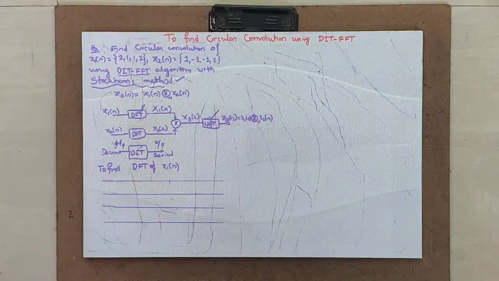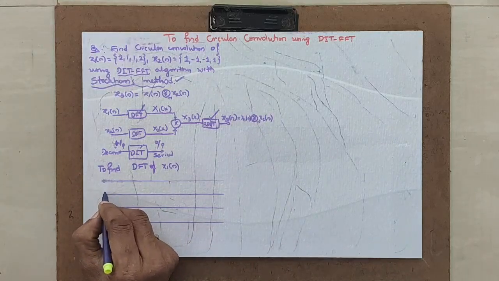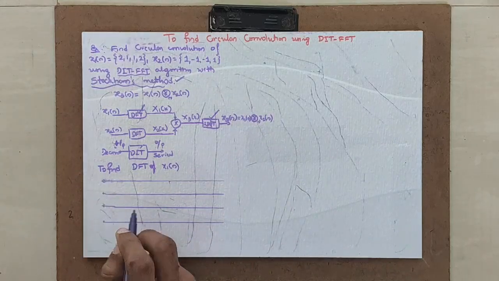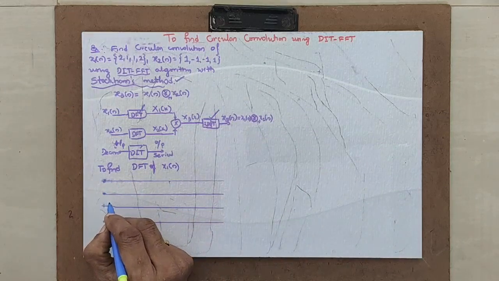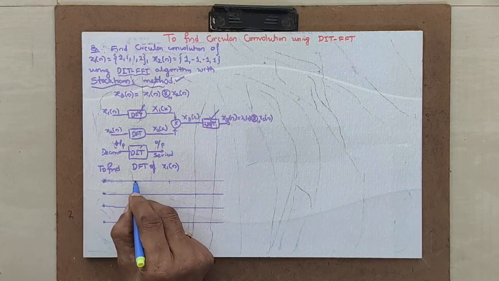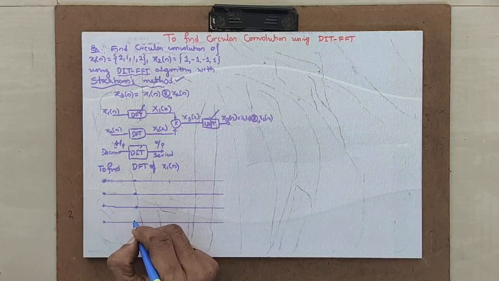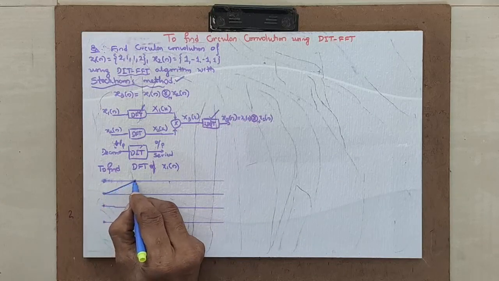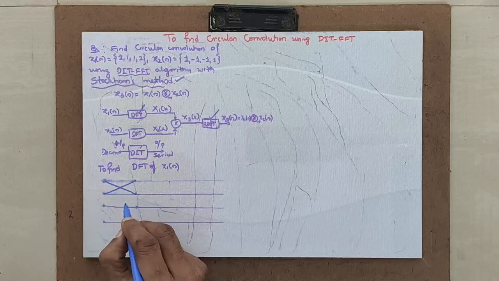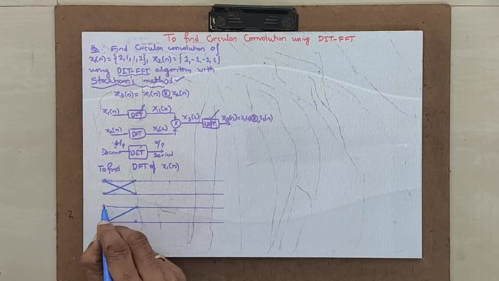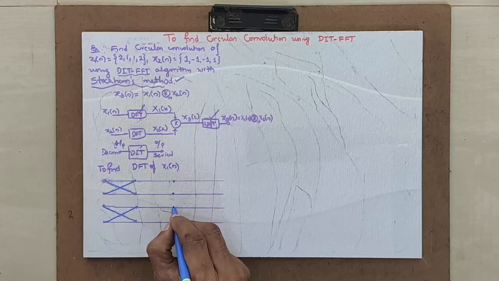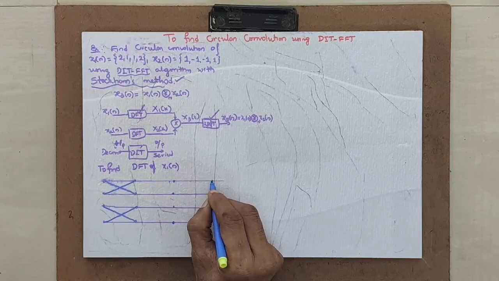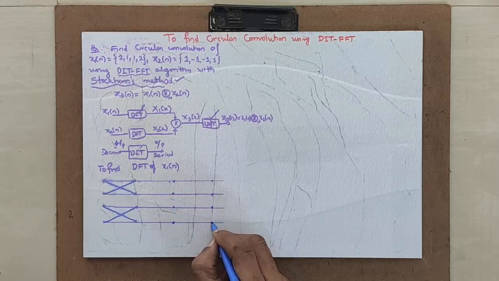Then, in DIT what do you do? You just make the starting crisscross, and after that the long butterfly.